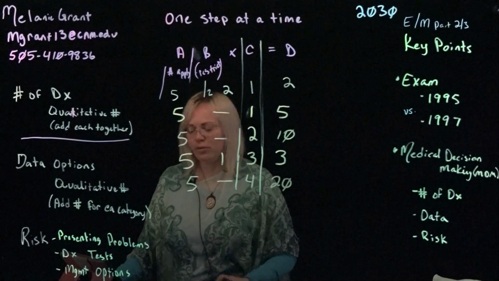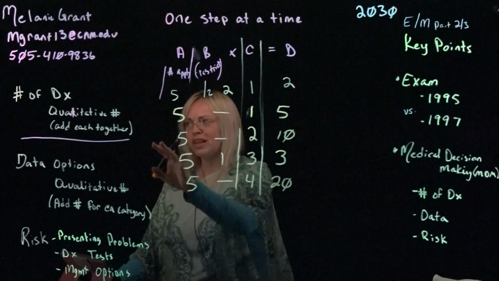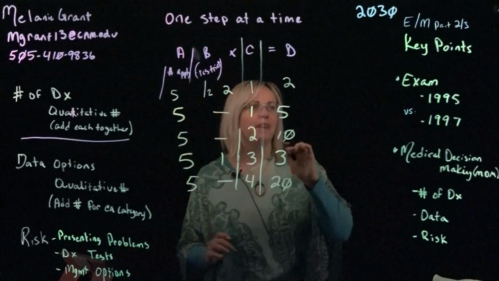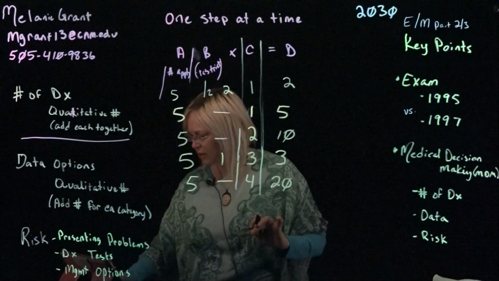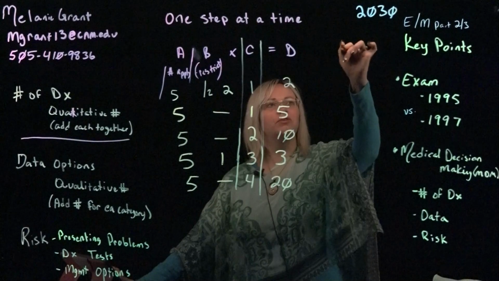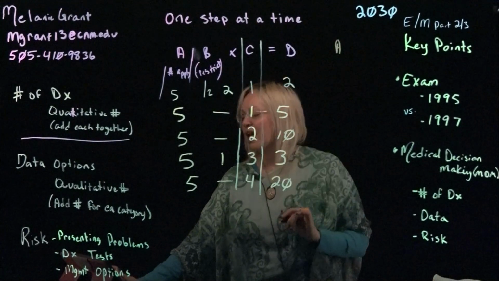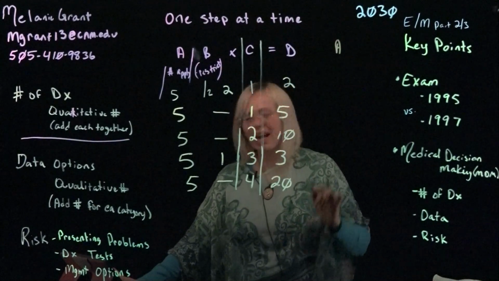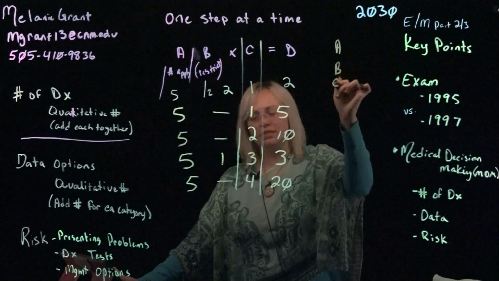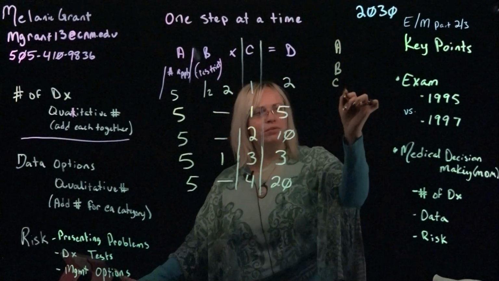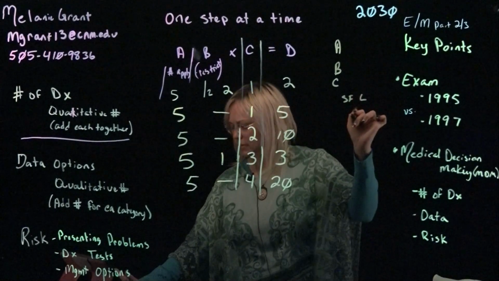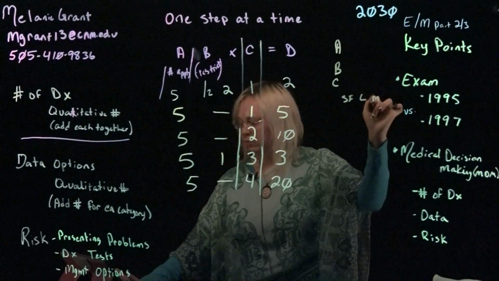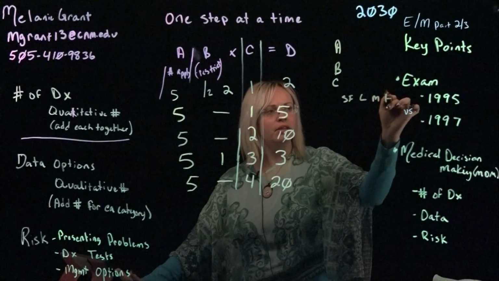Now here's the thing, in terms of your level of medical decision making, and we'll throw a little level over here while we're talking, you have at the very bottom of your medical decision scorecard, A, B, and C, and you have straightforward, low complexity, moderate, and high.